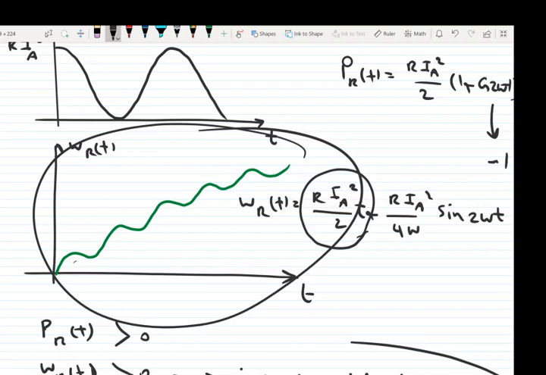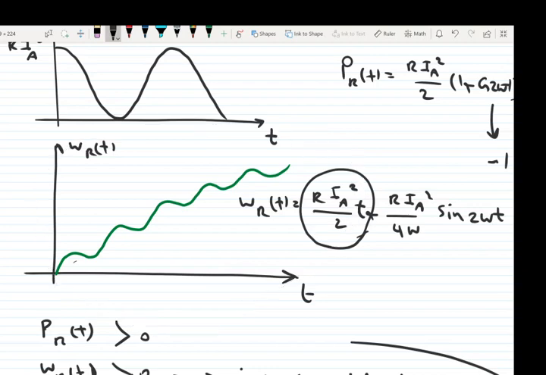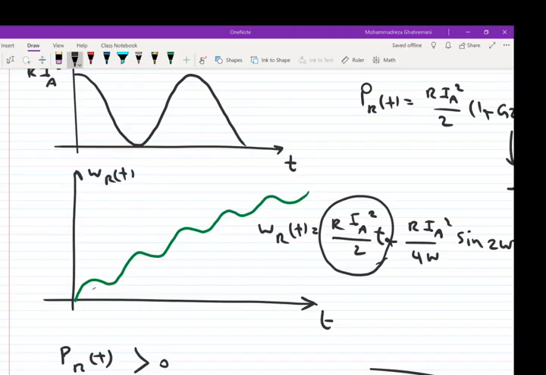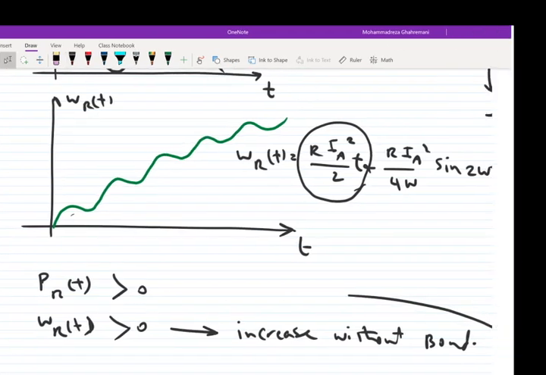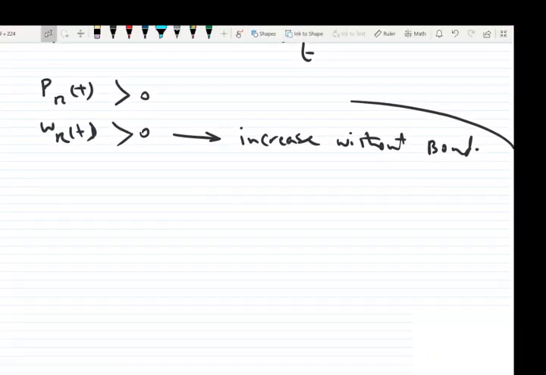Okay, now that we know power and energy in a resistor in a sinusoidal steady state circuit, we need to discuss the same parameters of energy and power for inductor and capacitor. First, the inductor.